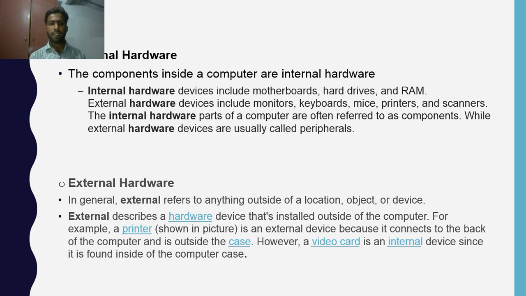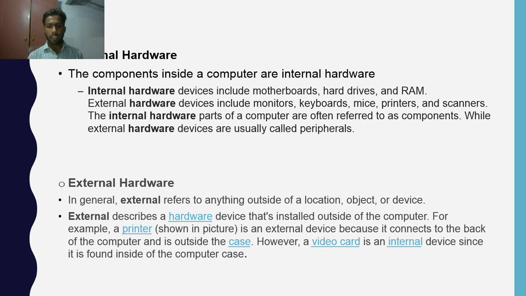The internal hardware parts of a computer are often referred to as components, while external hardware devices are usually called peripherals. Number second is external hardware. In general, external refers to anything outside of a location, object, or device.